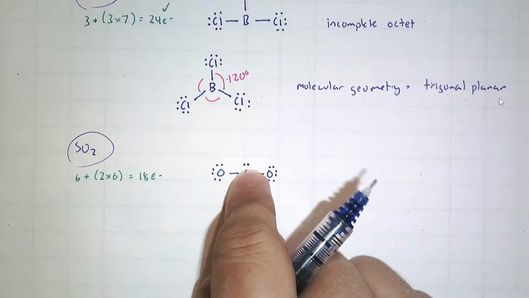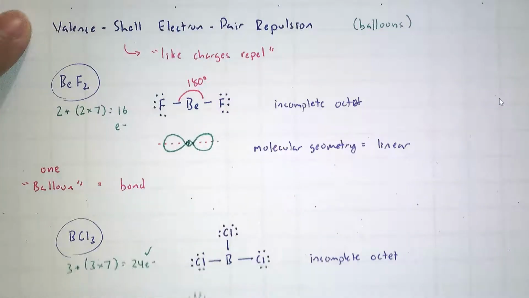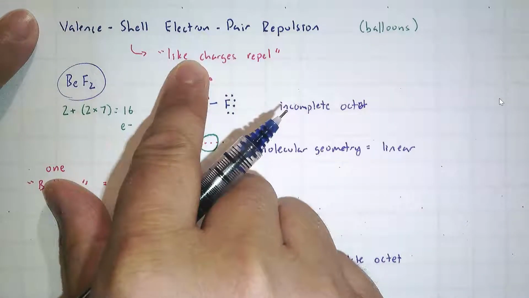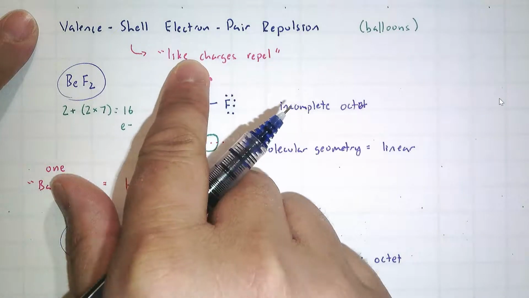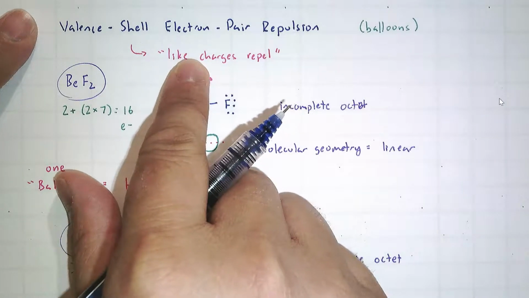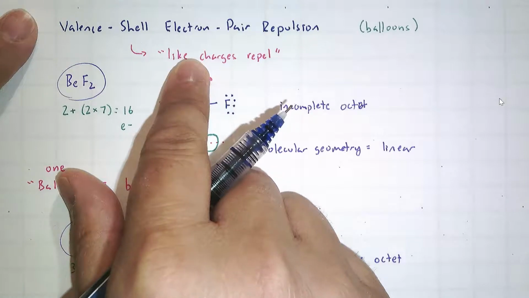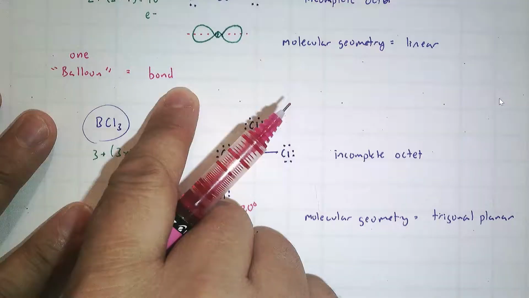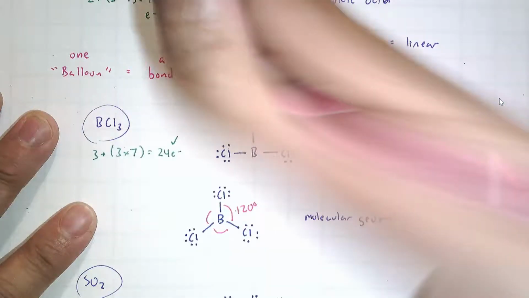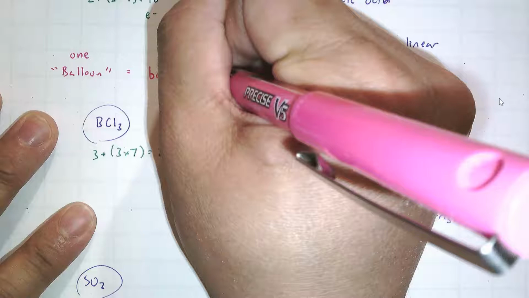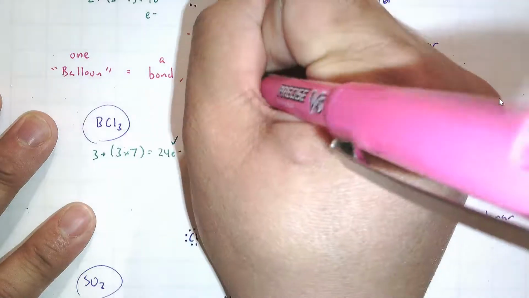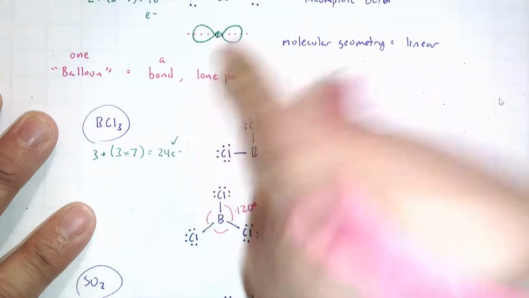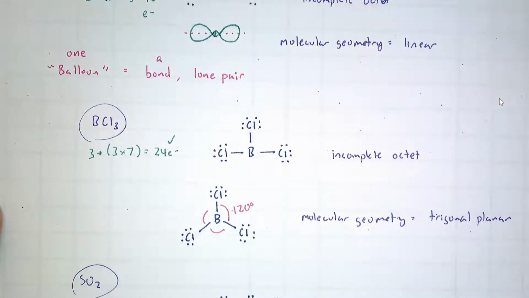What does that mean? It means that a lone pair will also repel, and it will repel other electrons in bonds, and other electrons in lone pairs. So again, we're keeping a list. So a bond, a single bond, or it could be a lone pair. So we'll make a balloon for it as well.